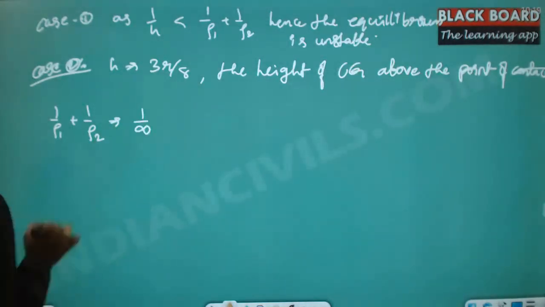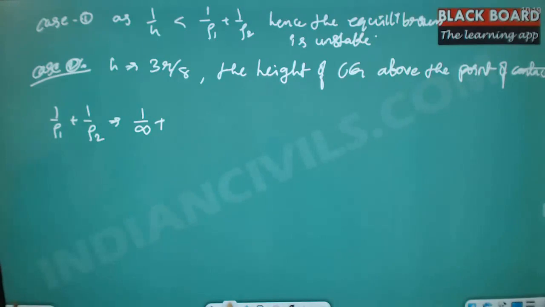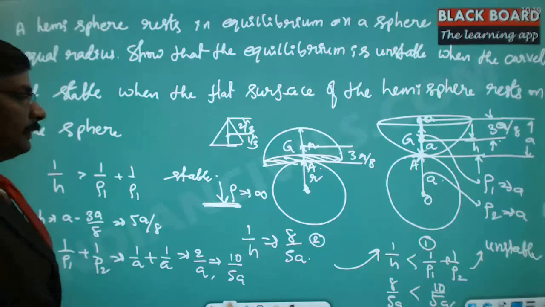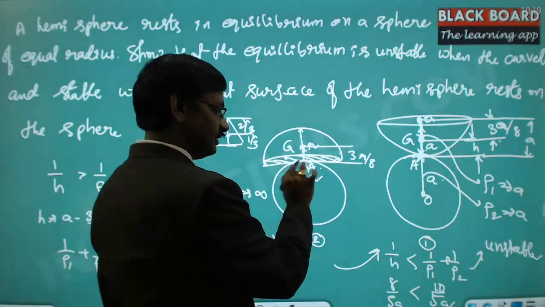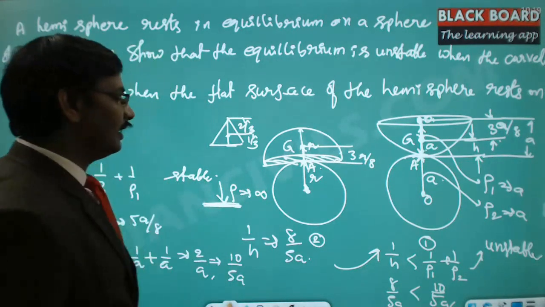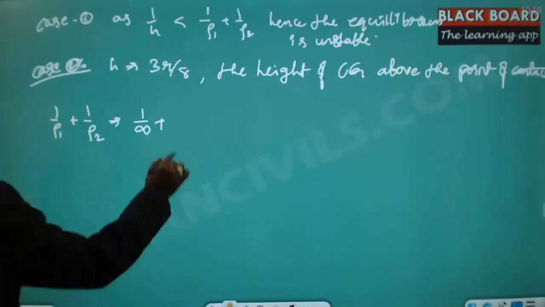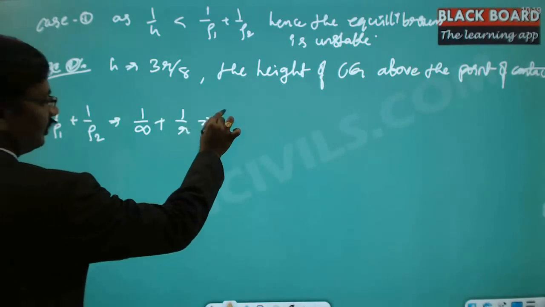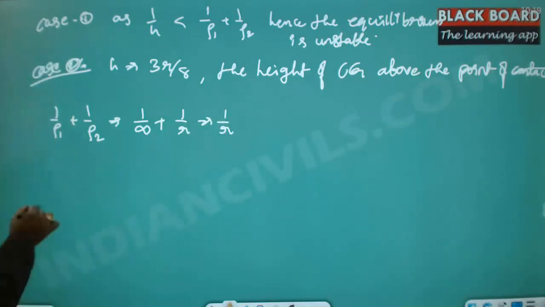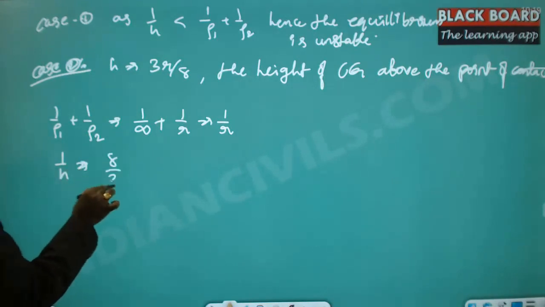So 1 by infinite plus 1 by rho 2, where rho 2 is the radius of curvature of the bottom body. This is the usual curved surface. The radius is r. Hence this is 1 by r. So this is going to be 1 by r. Now the h value is 3r by 8. So 1 by h is 8 by 3r.